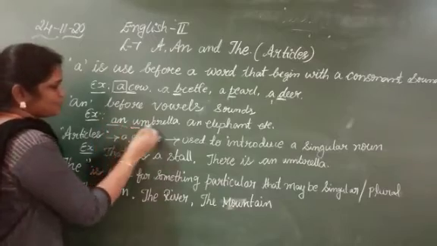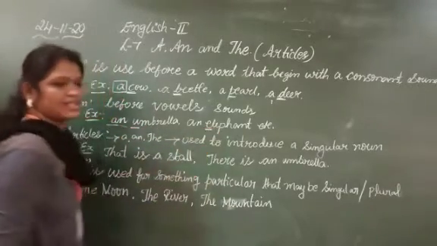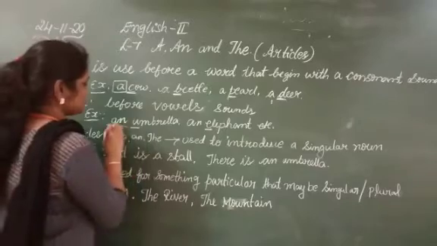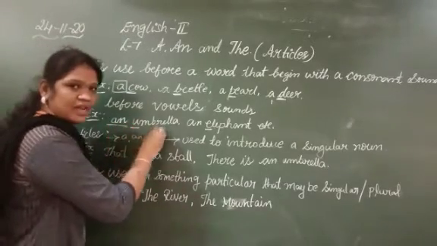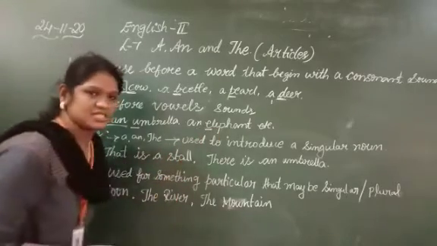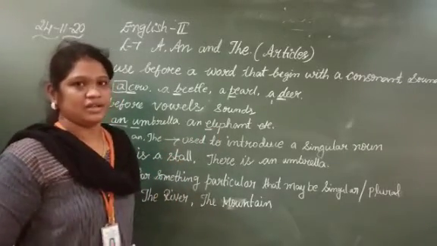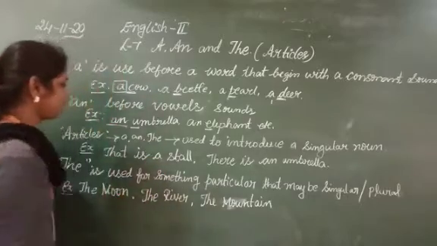See, A, E, I, O, U. These are the vowel sounds. So we are using the article an: an umbrella, an elephant, an owl. Okay children, these are the vowel sounds.